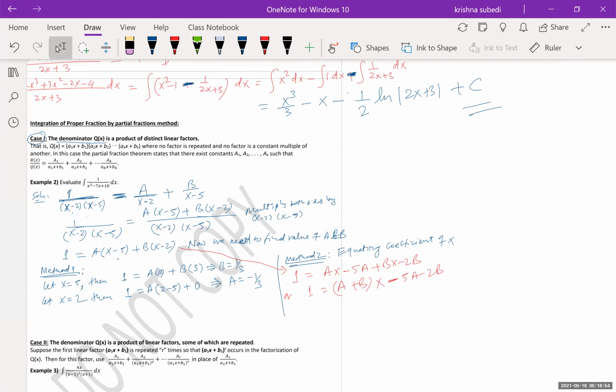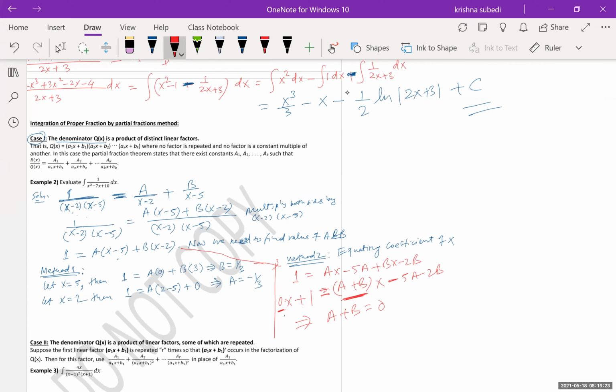Now, equating the coefficients means we look at the right side, which is simply 1. So I can write this as 0x plus 1. The coefficient of x is a plus b, so what we get here is that a plus b equals 0, because the coefficient of x is 0 there.